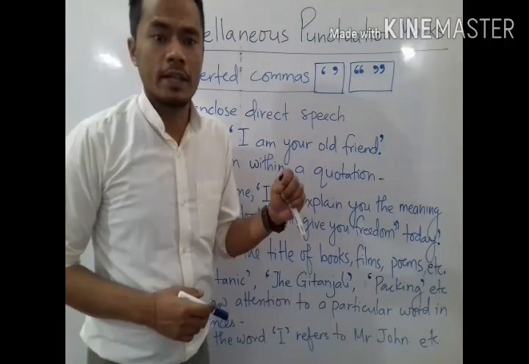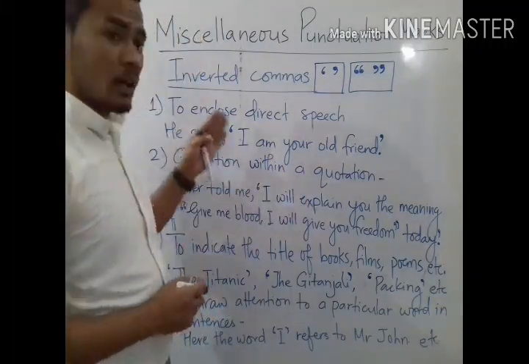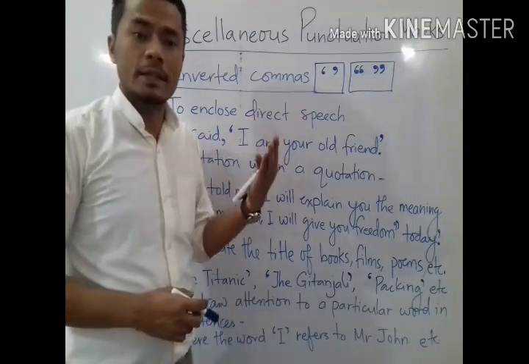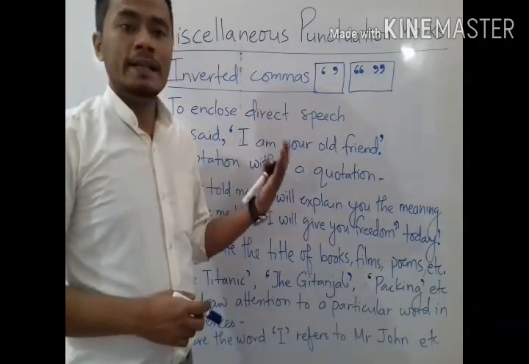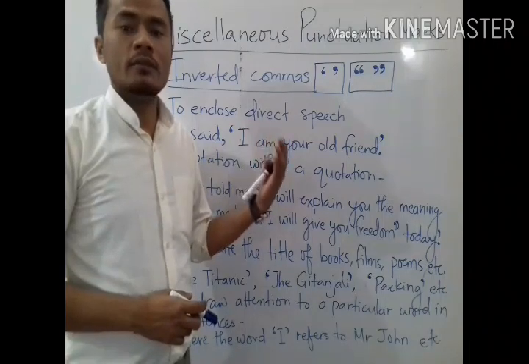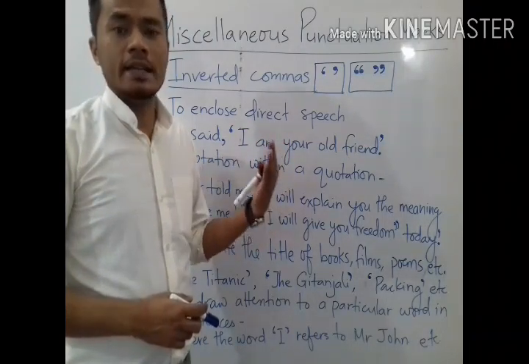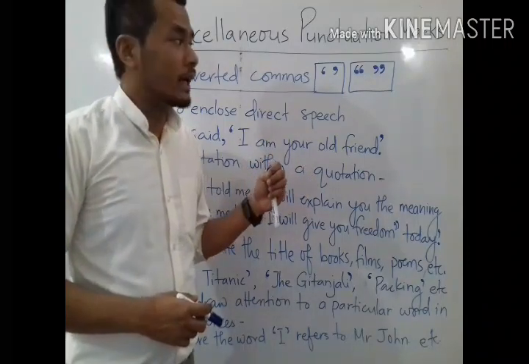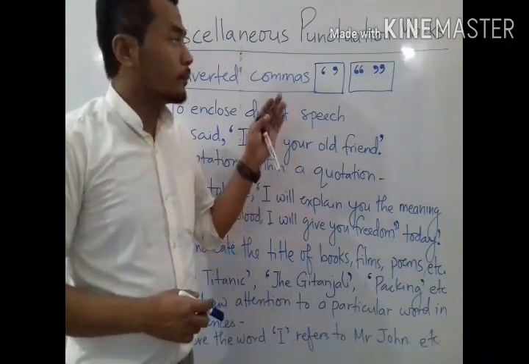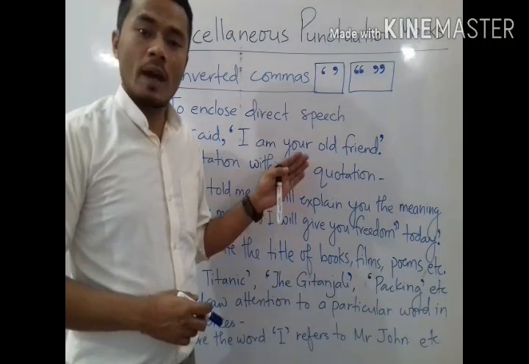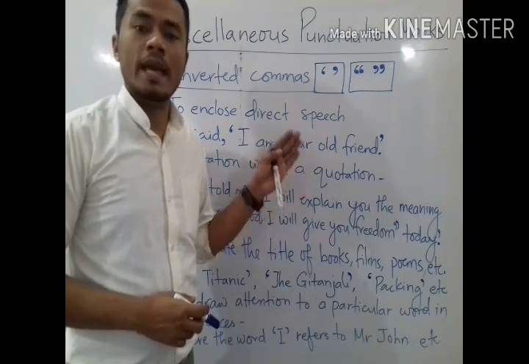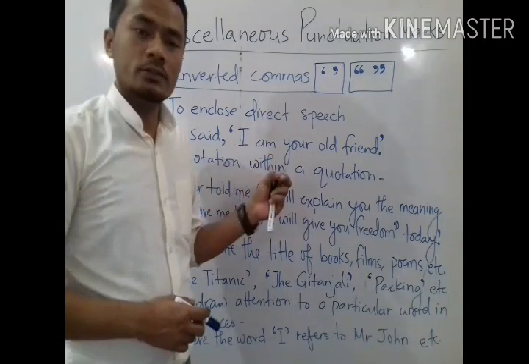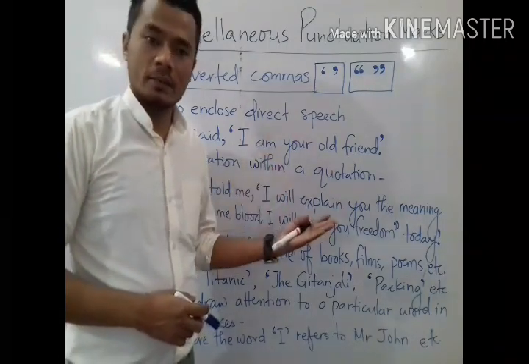Let's discuss. First we have to understand how to use these inverted commas. See, whenever your teachers are taking your dictation, if the teachers ask you to use inverted commas, you have to be able to write them correctly. So your teachers will say single inverted comma.